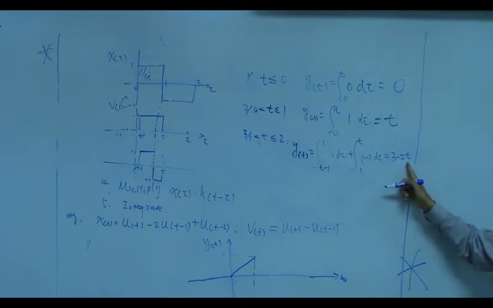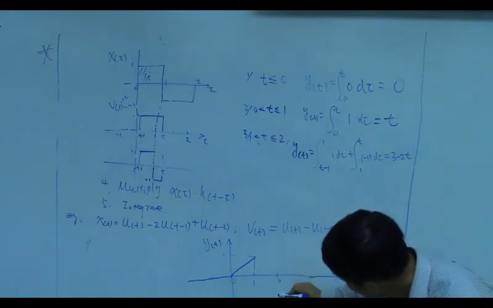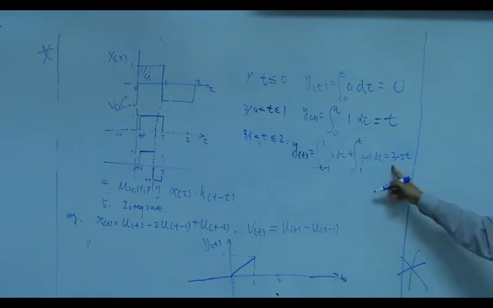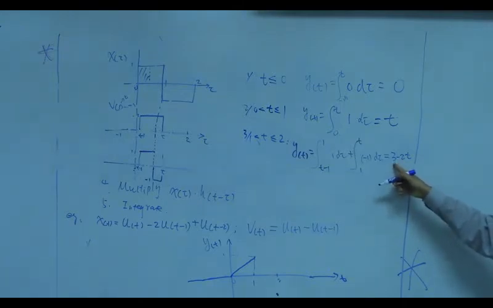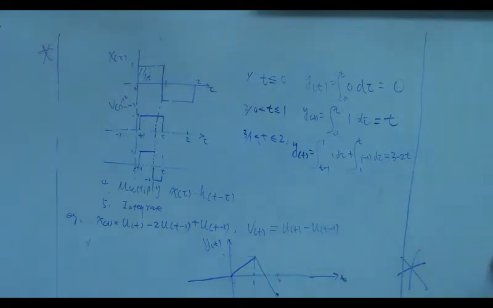When t equals 2, what is the output? Negative 1. Okay, so 2 is here. Negative 1 is here. How about in between? This is a straight line, right? The slope equals negative 2. The y-intercept equals 3. So in between, just a straight line, from 1 to negative 1.